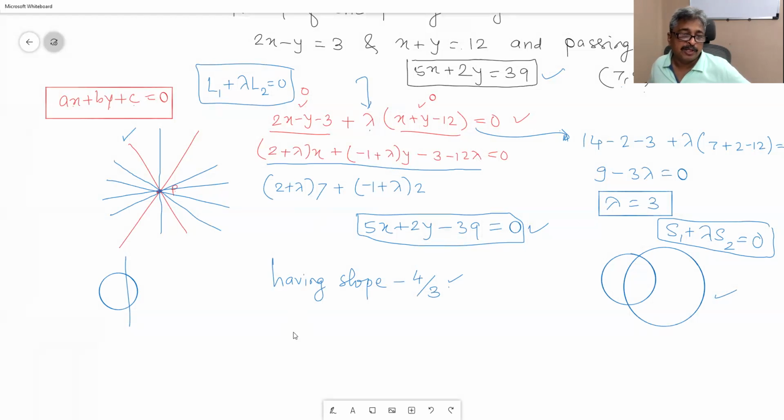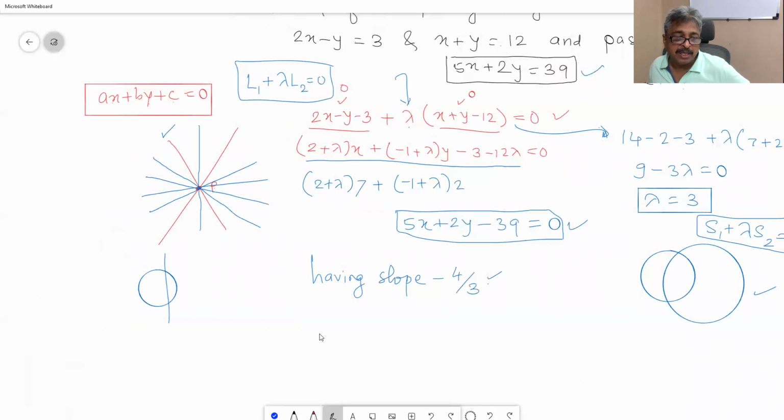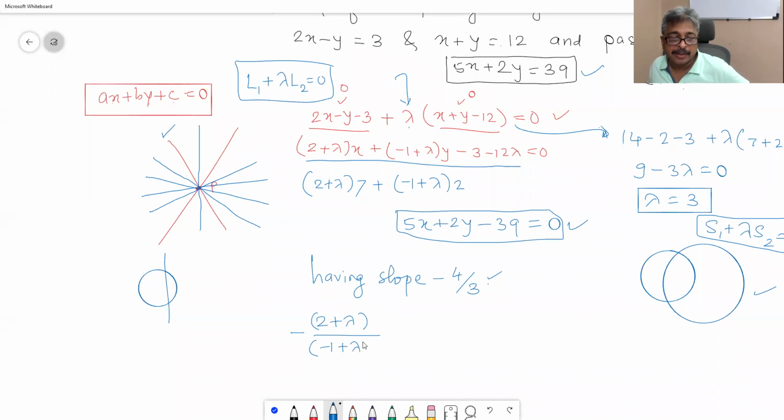And therefore slope is minus a by b, minus 2 plus lambda by b, which is minus 1 plus lambda, which is equal to minus 4 by 3, right? Therefore, what is the value of lambda? Minus minus getting cancelled implies 6 plus 3 lambda is equal to minus 4 plus 4 lambda. Therefore, lambda is equal to 10.